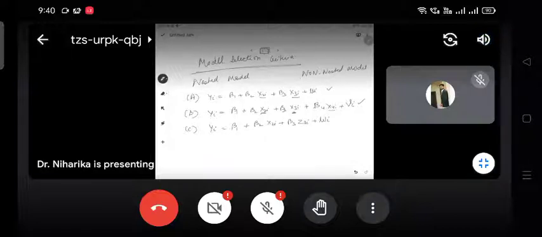So we say that all the information of model A is nested or contained in model B. So model B is a nested model of model A.